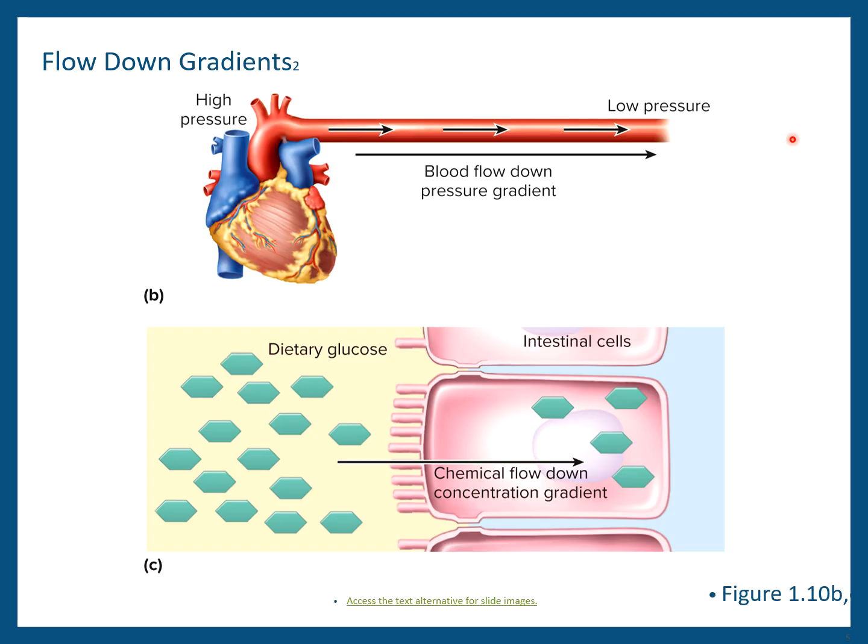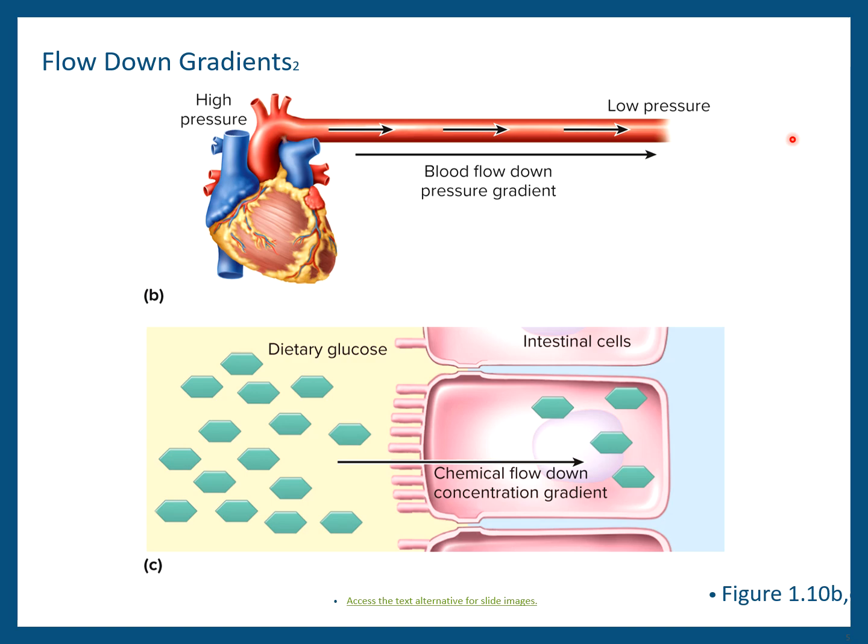This also happens when we eat. As you digest your food, your body will begin to break down that food into its building blocks, or monomers. So when you eat complex carbohydrates and starches, your body will break that down into its individual monomer called a monosaccharide, or glucose.